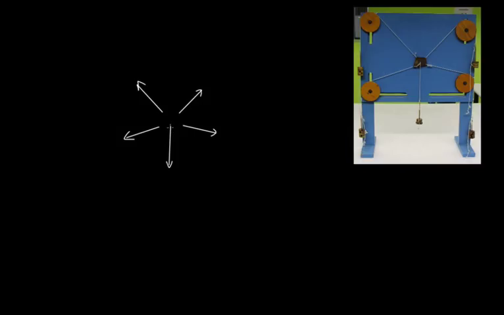Let's call this one number 1. So we'll trace it. There it is. And now we're going to move number 2, which is this one, so that it is head to tail with number 1. Now we can trace number 2. That's number 2. And then we'll call this one number 3.